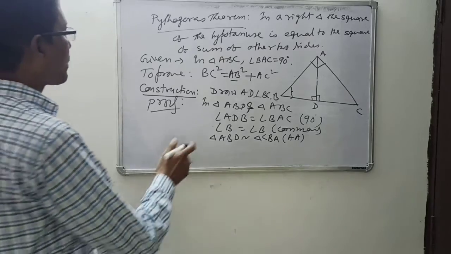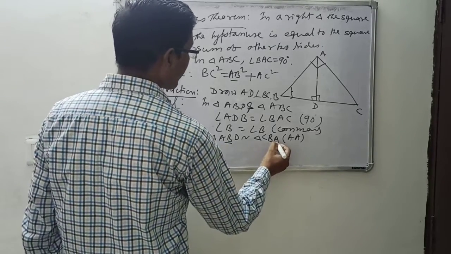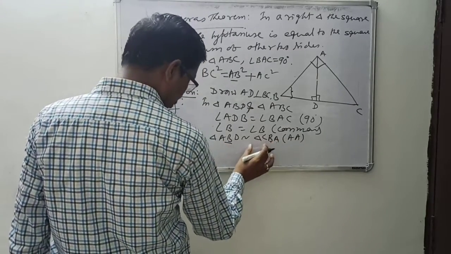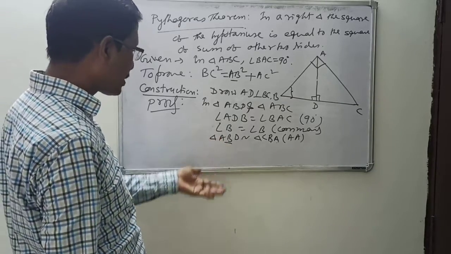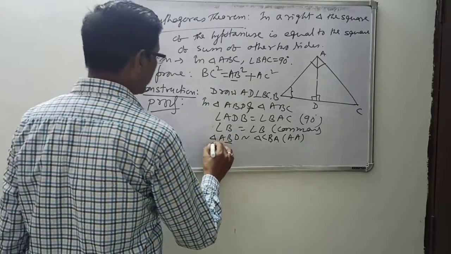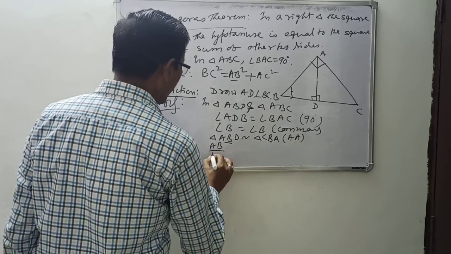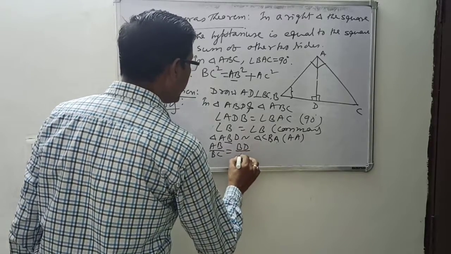Since the triangles are similar, the ratios of corresponding sides are proportional, meaning equal. AB by CB, or BC, equals BD by BA, or AB.